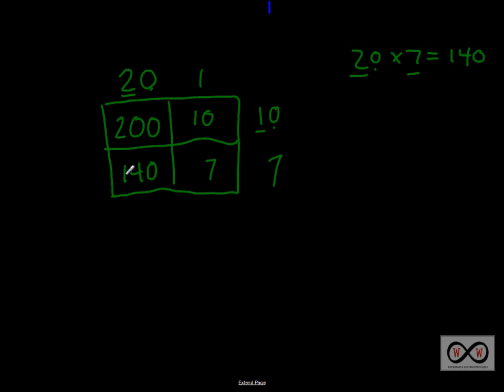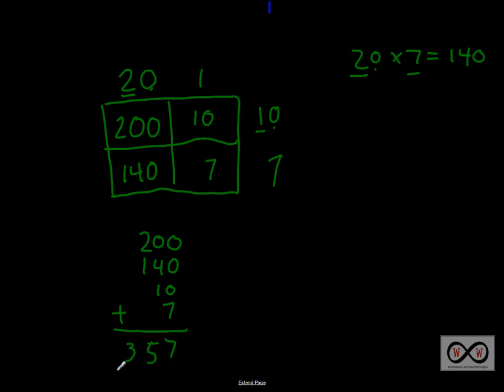So again, we're multiplying 21 times 17. And we've broken it down, distributed out our values for each of those places. And now we have to add them all up. 200 plus 140 plus 10 plus 7. Okay, so we've got 0 plus 7 is 7, 4 plus 1 is 5, and 2 plus 1 is 3.